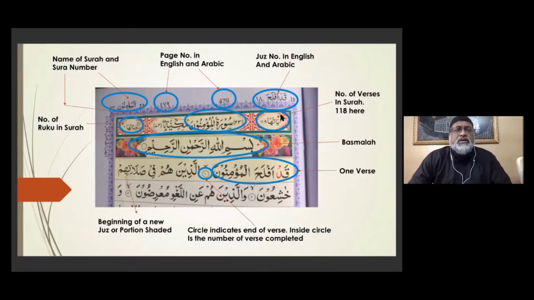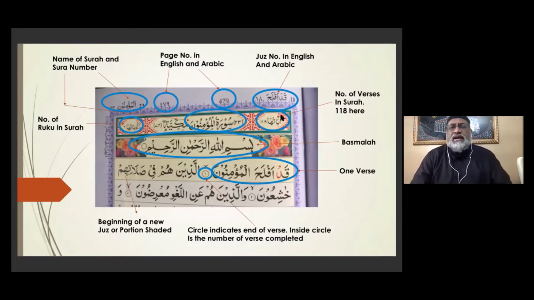So this is Al-Mu'minun, and it is the 23rd surah of the Quran. Then you have the page in English and Arabic listed at the top. Then you have the juz number in English and Arabic, in other words, which para or which juz this surah is in.